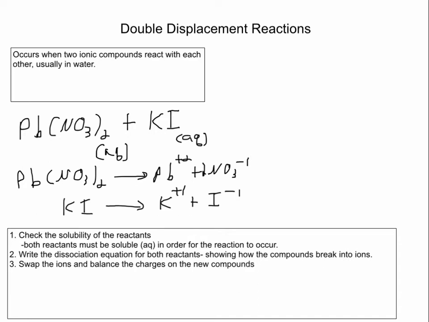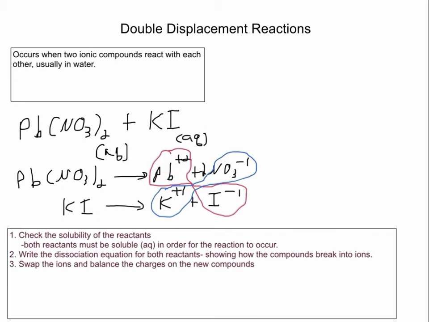The reason we're swapping these ions is that lead is now going to form a compound with iodide, and potassium is going to form a compound with the nitrate. Think of this as both of these compounds having split up, and all of these ions are in water, so they can all bump into each other.